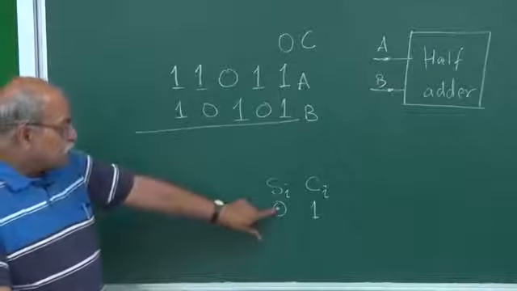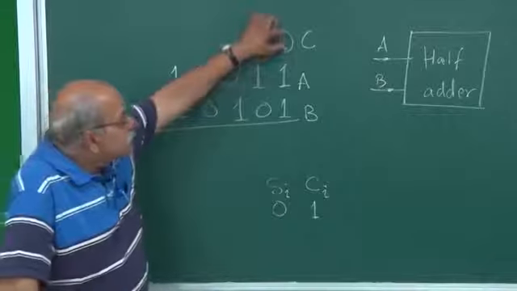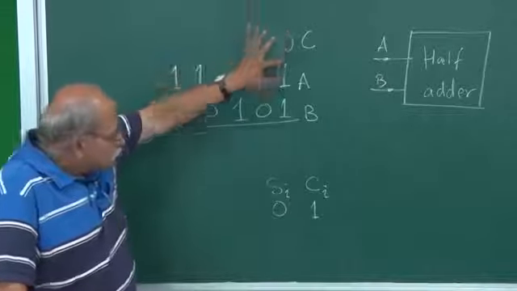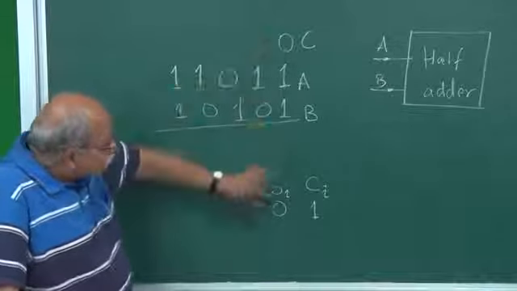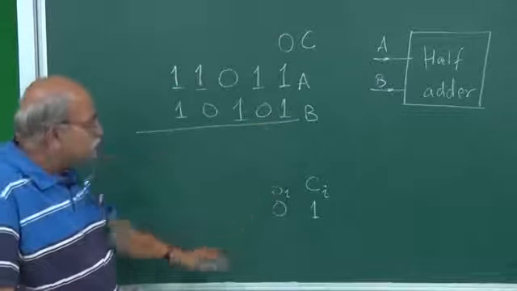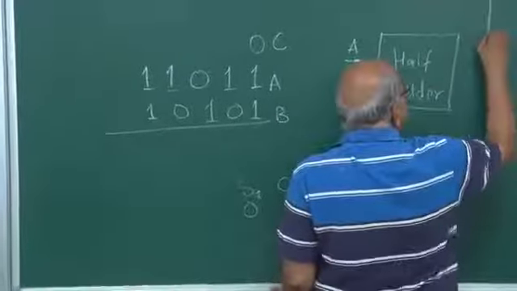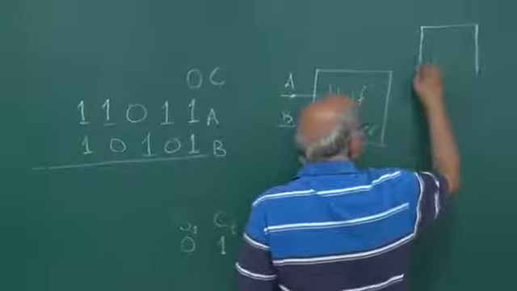Now, this intermediate sum and this carry here, they should go through this half adder thing again, and then you will get the final sum, right? So, let me put another half adder here.